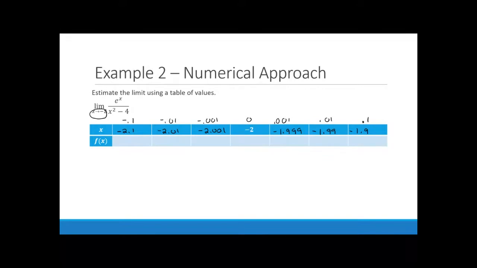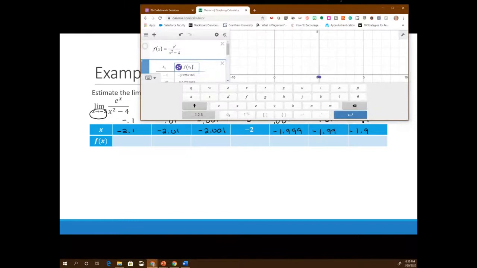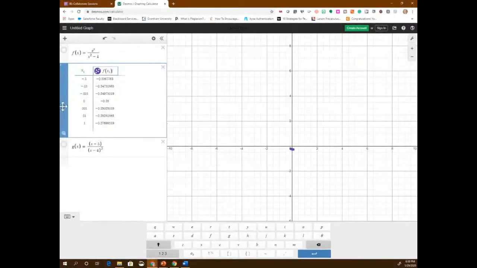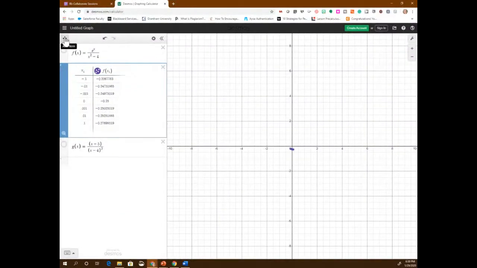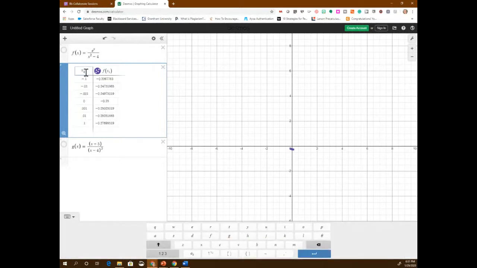So then we just change our table. So going back to Desmos here, I'm going to have to just change all of these numbers. 2.1, 2.01, whoops, 2, that's now negative 2, negative 1.999, negative 1.99, negative 1.9.